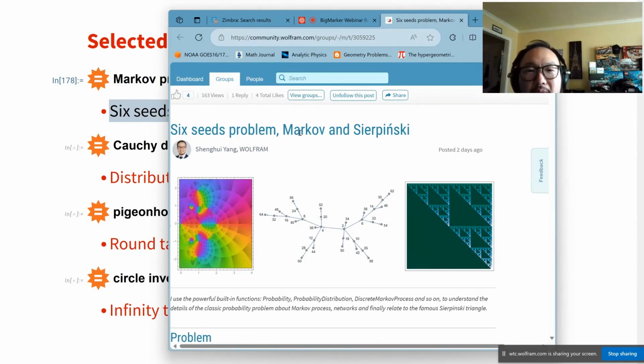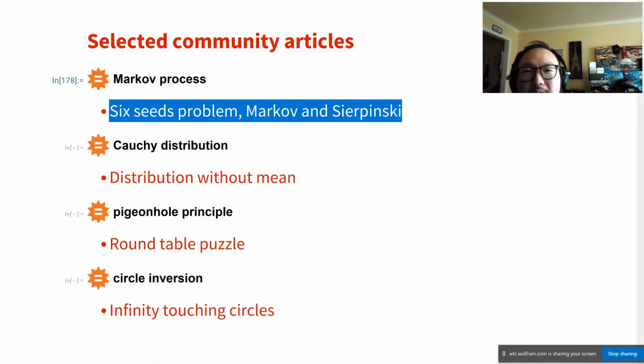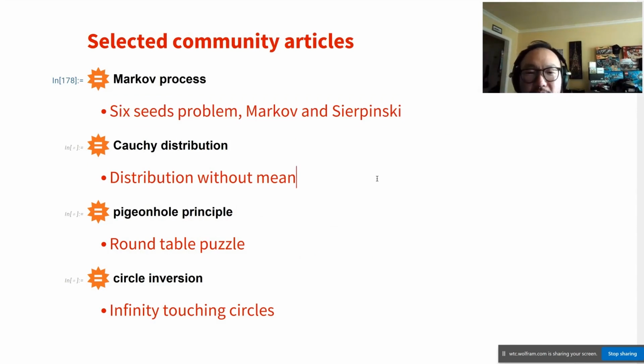Some of them are related to more advanced topics, like this Markov chain, which is also related to a recent Numberphile video about ladders and a snake game from India. So it's using the same idea behind it. You can watch some of the videos and read our community articles to learn more about the detailed techniques and knowledge you need about the Wolfram language and mathematics to tackle these puzzles.